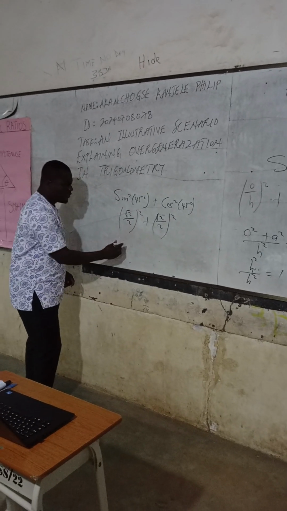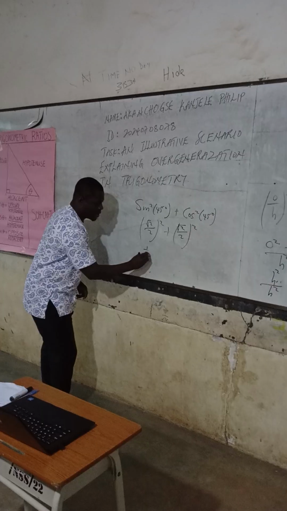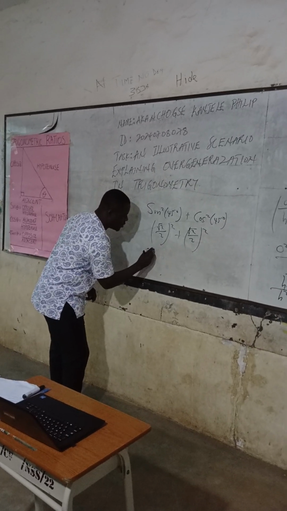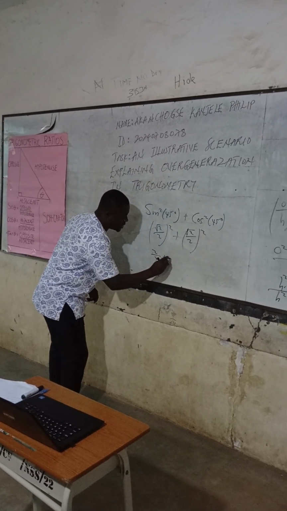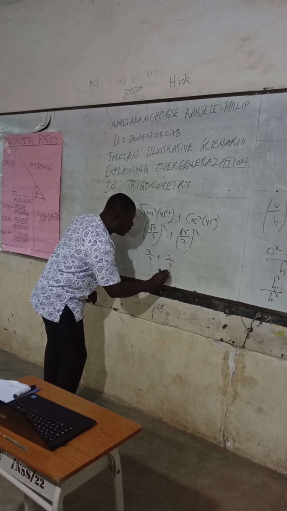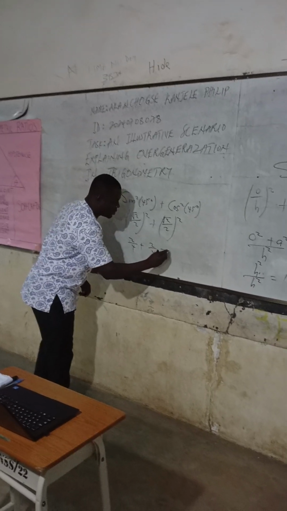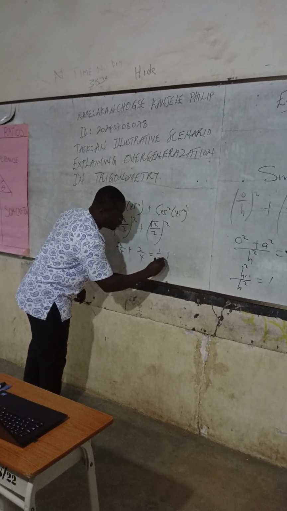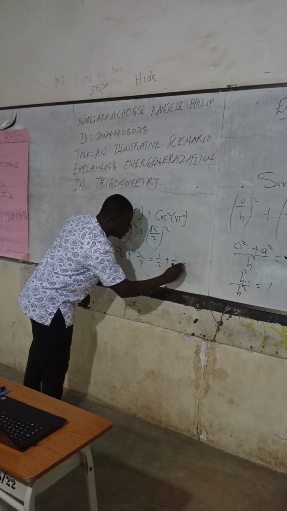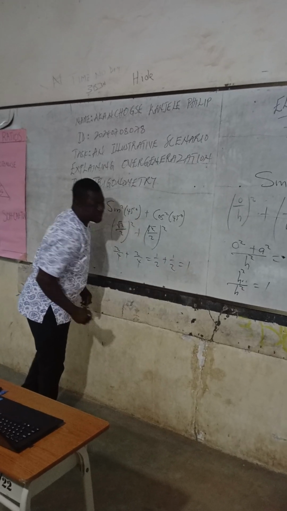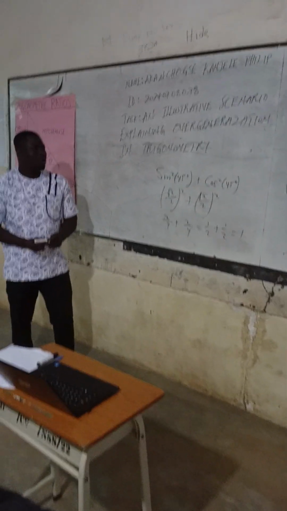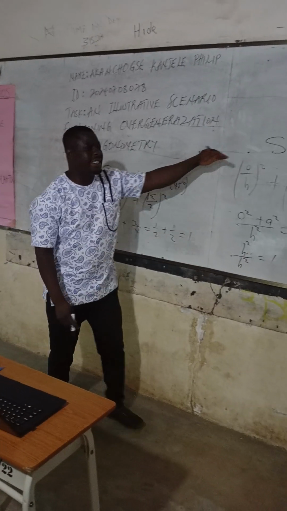So this gives 2 over 4 plus 2 over 4, which is 1 over 2 plus 1 over 2, which is equal to 1.